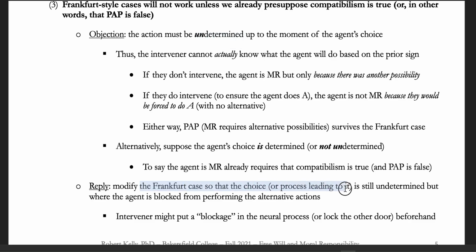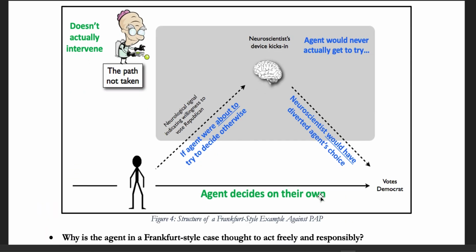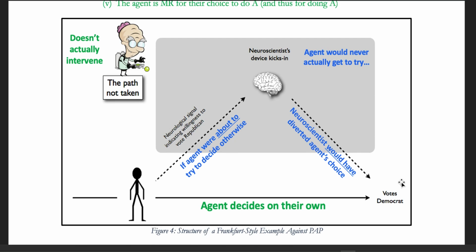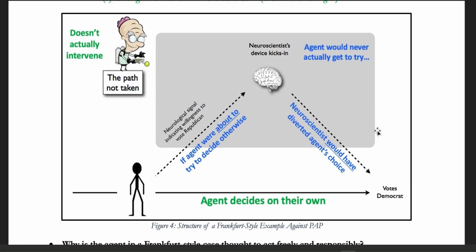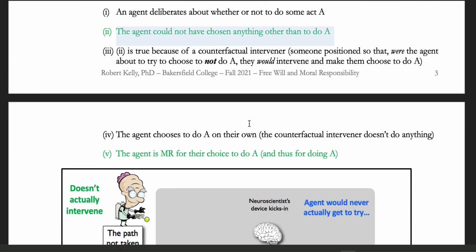So you modify the Frankfurt case so the choice, or the process leading to it, is undetermined, but where the agent is still blocked from the action. Why? Because the Frankfurt case needs it to be true that the agent could not have chosen anything other than A.